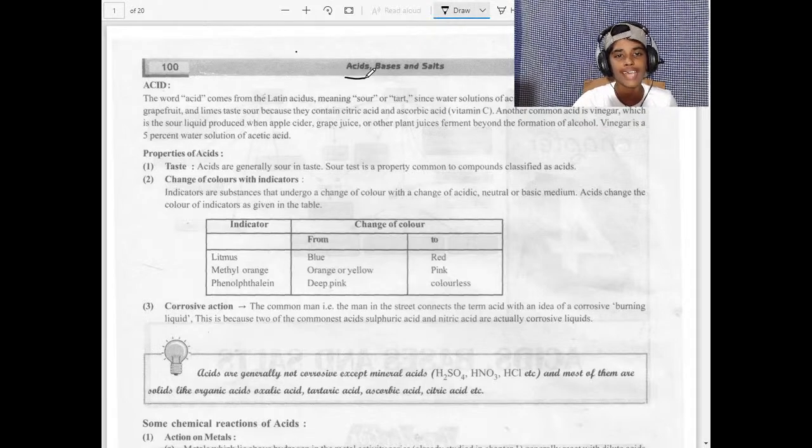Today we will discuss acids, bases and salts. First, acids.